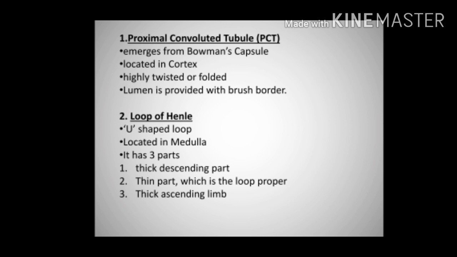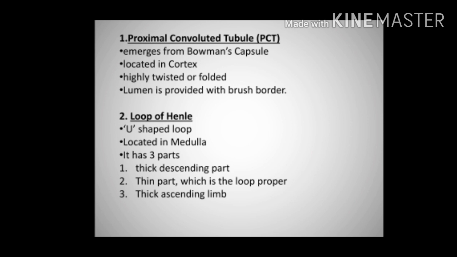Hence the name proximal, near. Convoluted means folded or twisted. This tube is highly twisted. And tubule means small tube-like structure. So the meaning of PCT, I think you have understood. So it is near to the Malpighian corpuscle and highly twisted small tube-like structure. Hence the name proximal convoluted tubule, or in short it is referred as PCT.